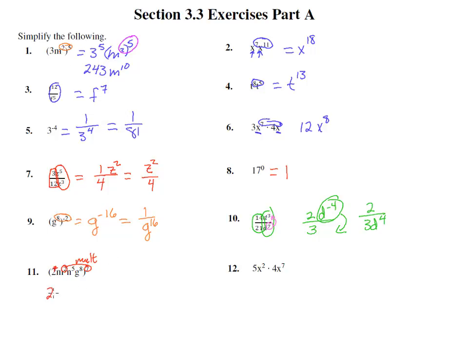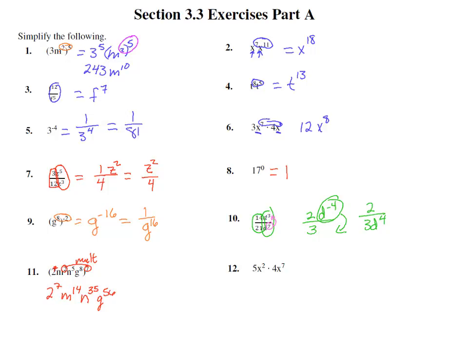So we get 2 to the seventh, m to the 2 times 7, that's 14. N to the 5 times 7, that is 35. And g to the 8 times 7, which is 56. Now notice this, they're all to the seventh power, but the shortcut with the exponent that's already there is multiplication. That doesn't mean this beginning 2 is times 7. It is indeed to the seventh power.